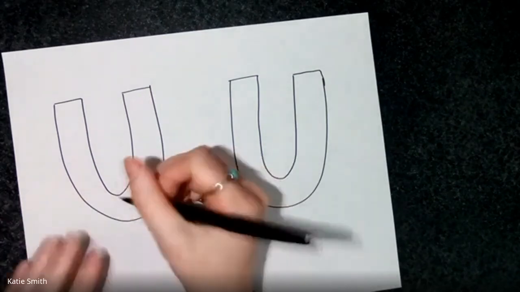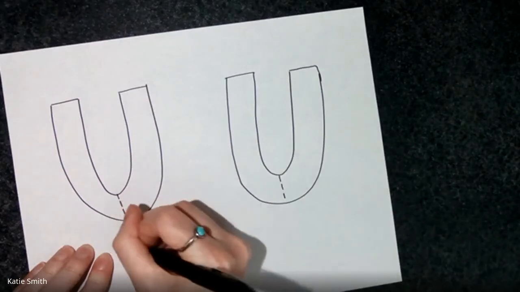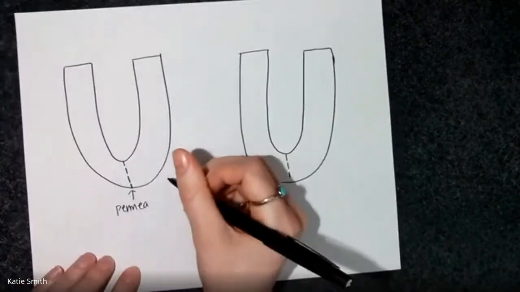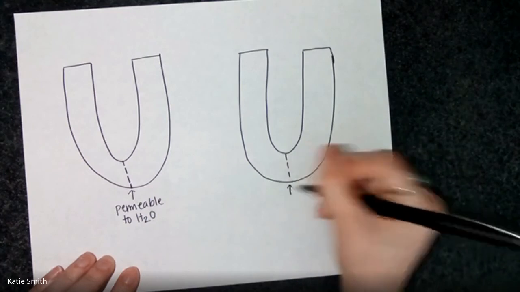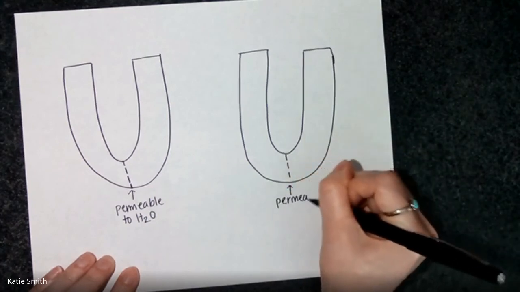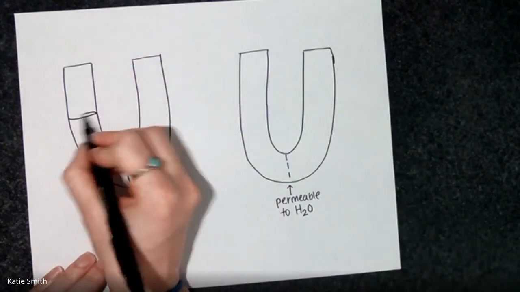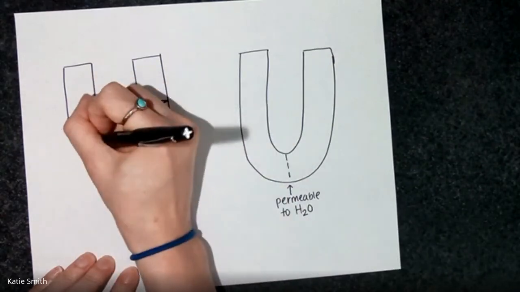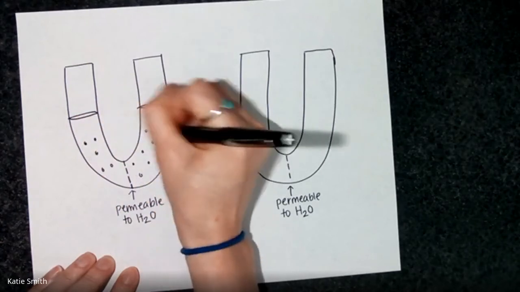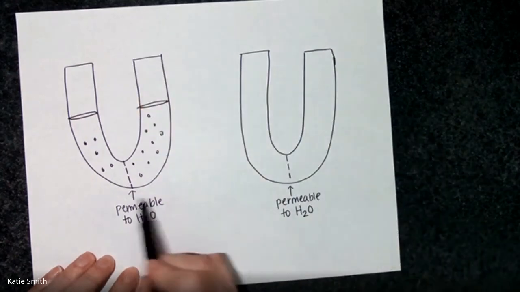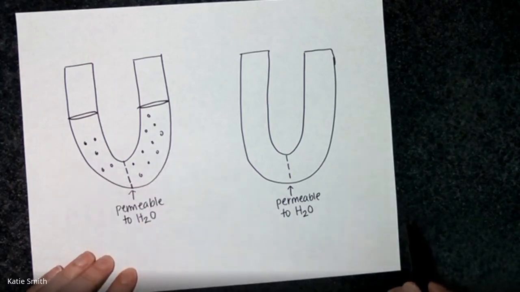So if you've got a membrane here that is permeable to water, meaning that it lets water through, so if this membrane is permeable to water, but not permeable to these dots, which direction do you think the water is going to go?